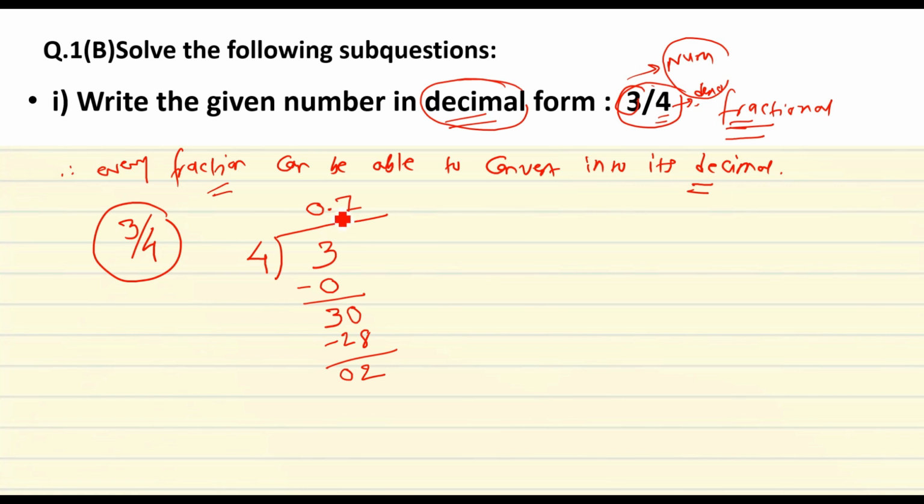Then, as you have already put the decimal sign, it is allowed to take a 0, and in the table of 4 the 20 comes: 4 fives are 20, and therefore your remainder is 0. Since our remainder is 0, the division terminates, and my final answer is 3 by 4 is equal to 0.75, which is the decimal form, and 3 by 4 is the fraction form.